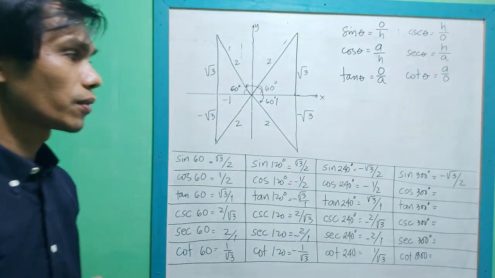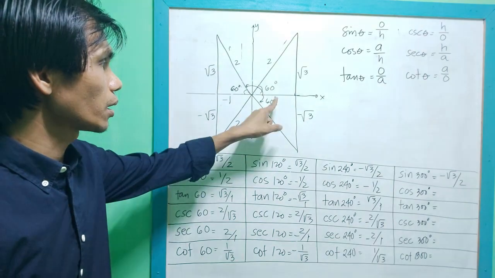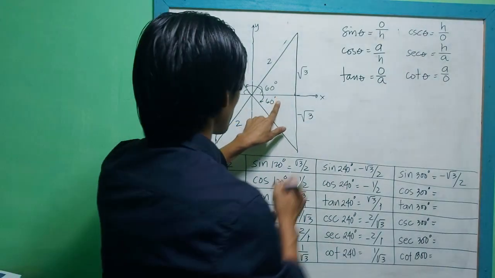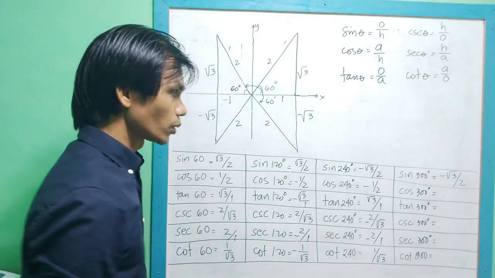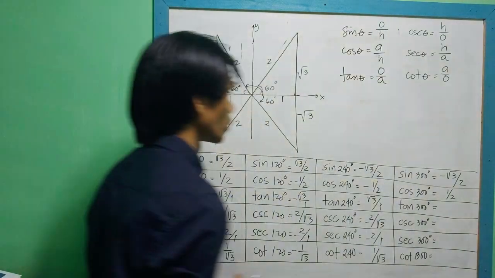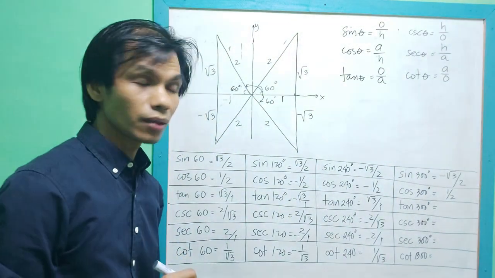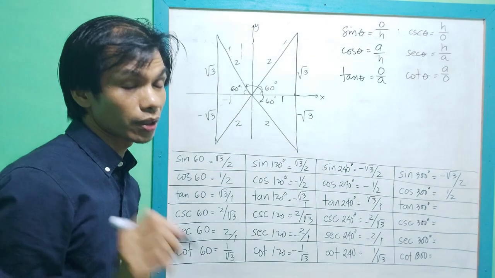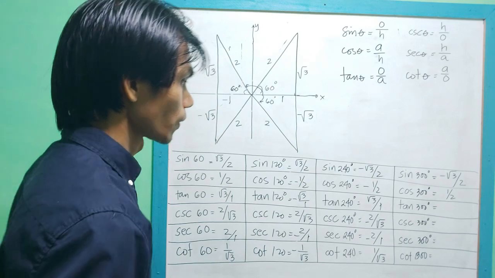Kaya, negative square root of 3 over 2. How about cosine? Ang cosine natin is, ito yung 1 lipat natin, yan. Adjacent over hypotenuse, and that is 1 over 2. Ano yung 1? Anong sign niya? Positive. So, we have cosine of 300 is 1/2. Kahit calculator mo, 1/2 yan.